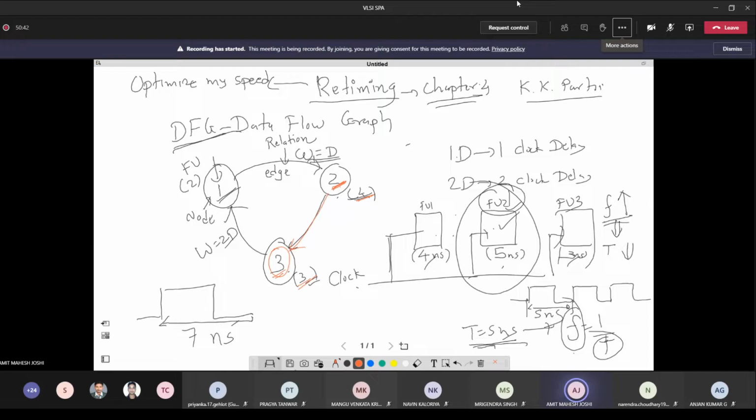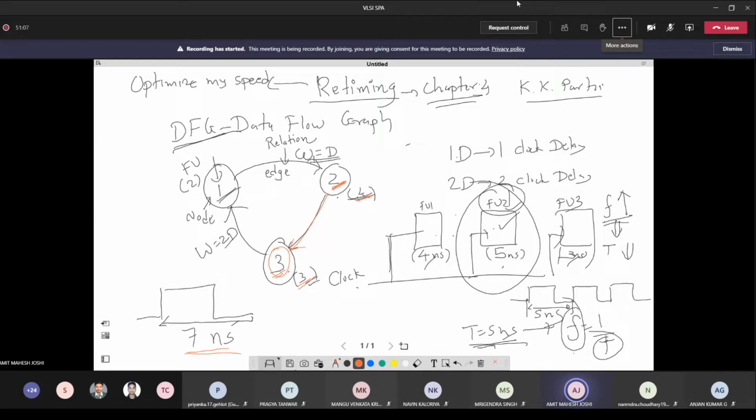So for this particular system, I need to think about that 4 plus 3, 7 nanoseconds is the minimum period that I need to provide to my clock so that this system could work easily. Now, there is one edge from 3 to 1.